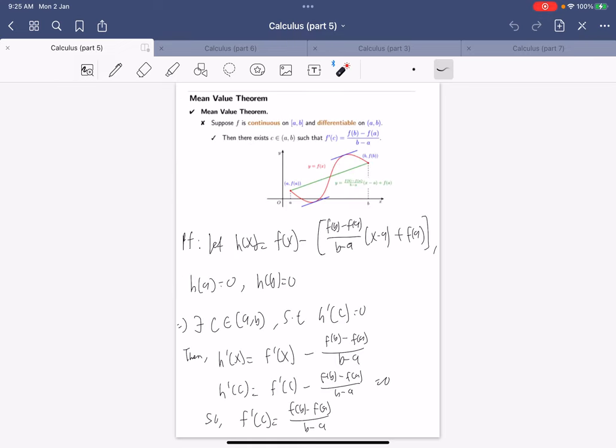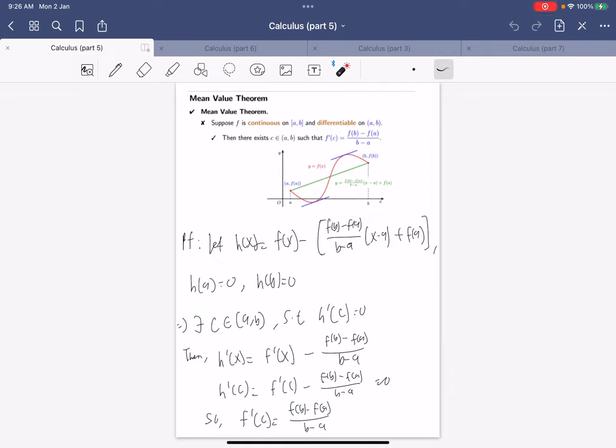And with this idea, we get to generalize it to the mean value theorem, which is also considered the slanted Rolle's theorem. The hypothesis is still the same: you must be continuous and differentiable. Then there will exist a point such that the derivative is equal to the gradient of the line connecting the two endpoints.